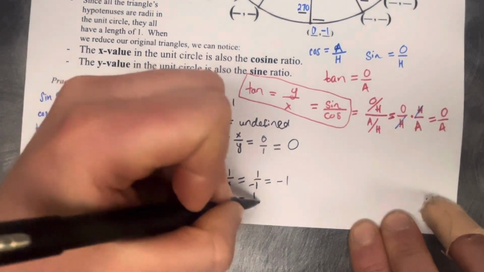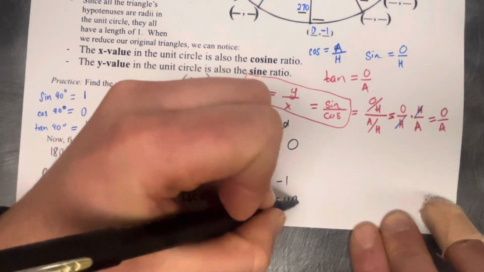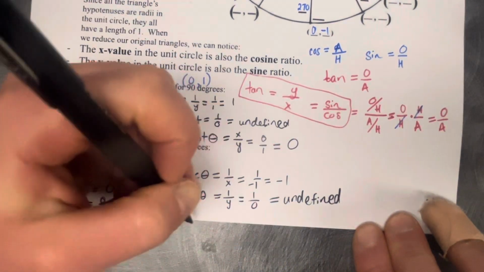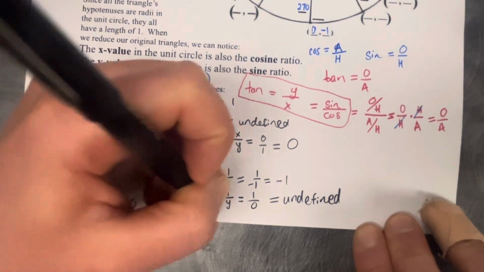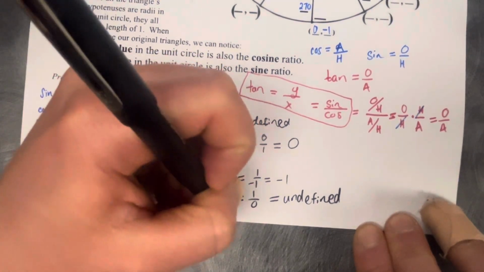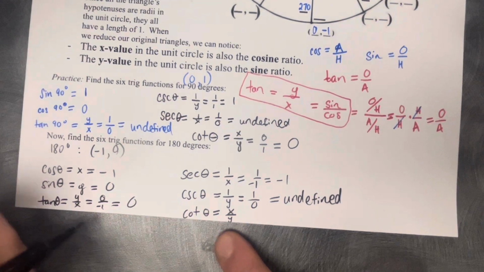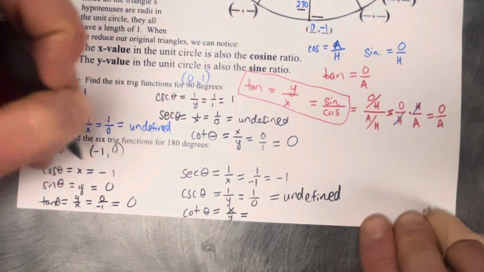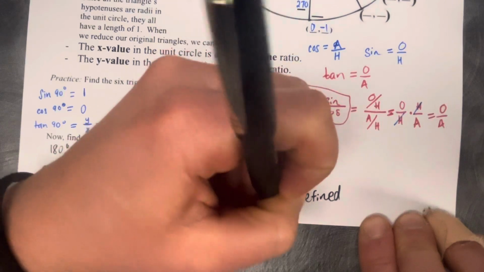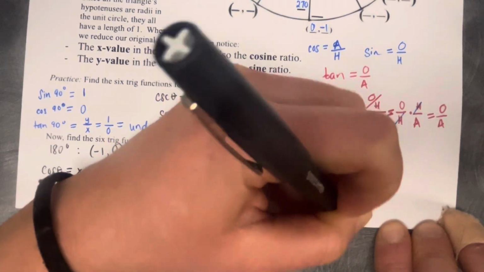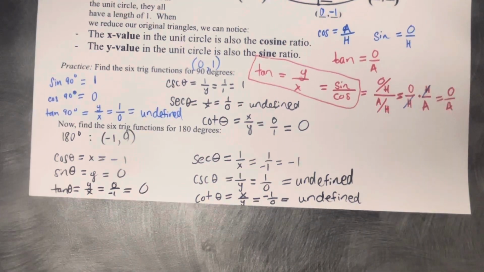That's 1 over 0, which would be undefined. Next, the cotangent, which would be x over y, the reciprocal of tangent, which is y over x. So x over y would give us -1 over 0. That is also undefined.